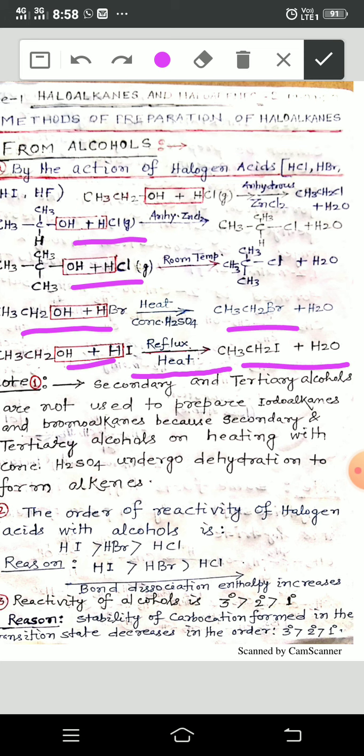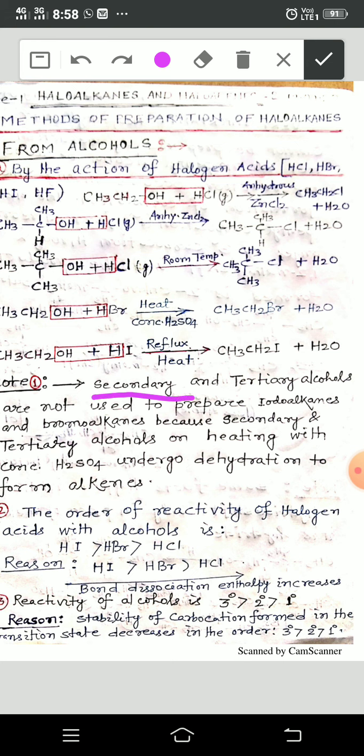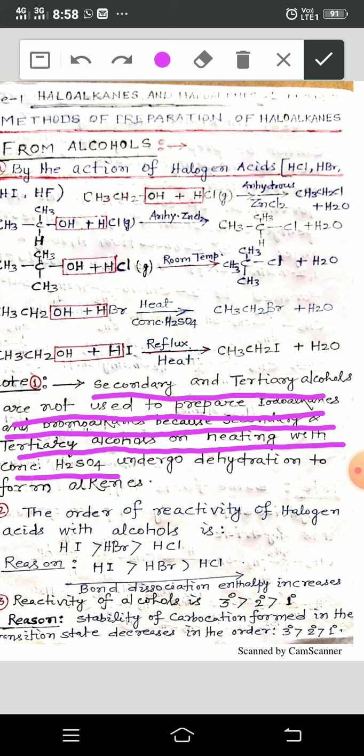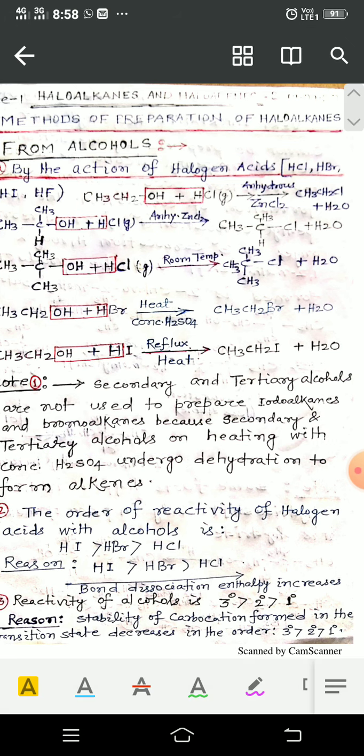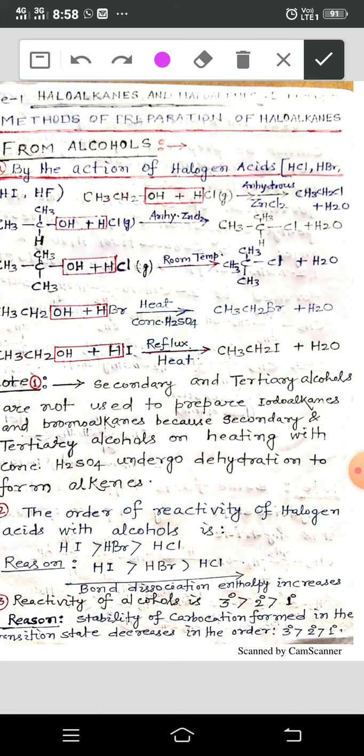But remember, very important is that secondary and tertiary alcohols are not used to prepare iodoalkanes or bromoalkanes, because tertiary alcohols on heating with Conc(H2SO4) undergo dehydration to form alkenes. Secondary and tertiary alcohols undergo dehydration when haloalkanes are prepared with this process, in the presence of Conc(H2SO4) when it is heated.